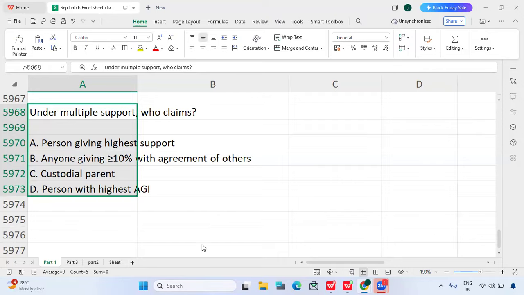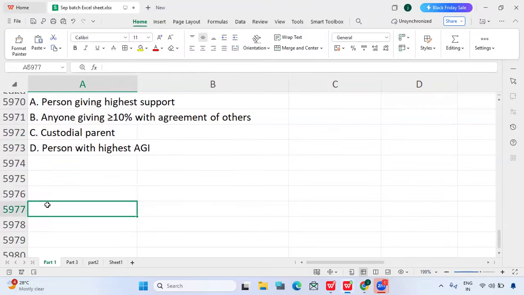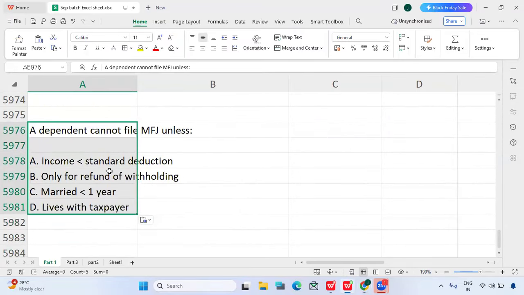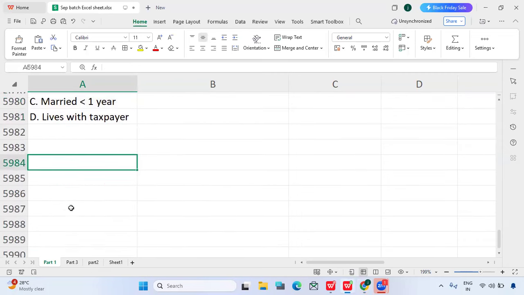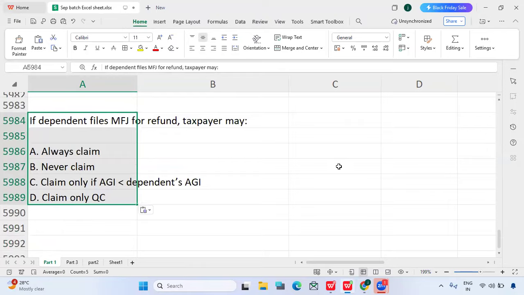A dependent cannot file MFJ unless this also we have seen, repeated one, only for refund of withholding. Correct. If a dependent files MFJ for refund, the taxpayer may claim.